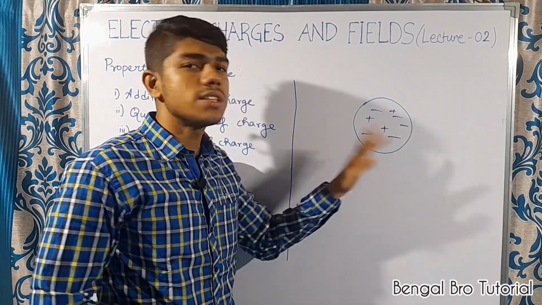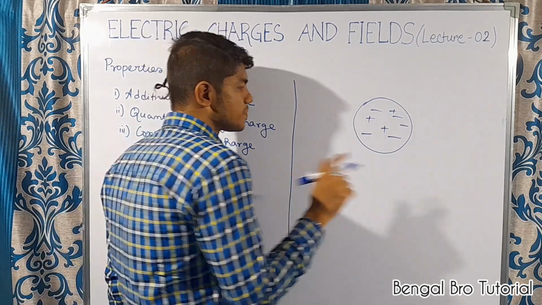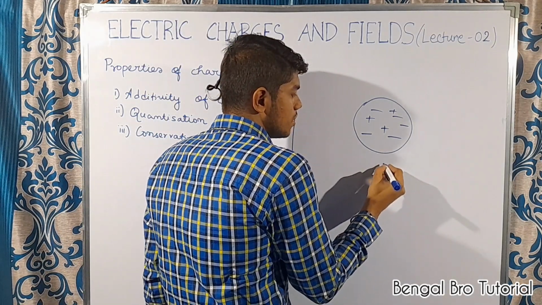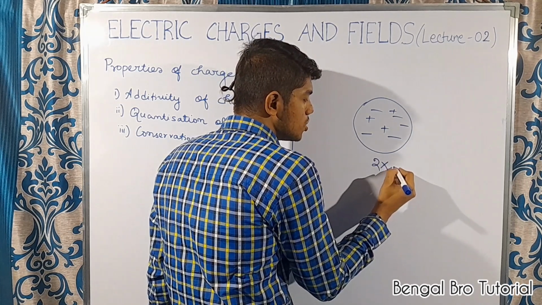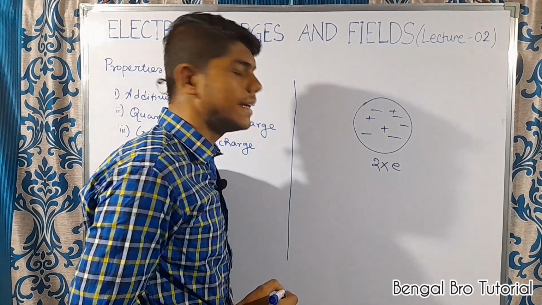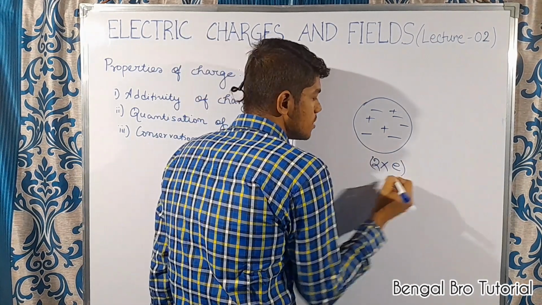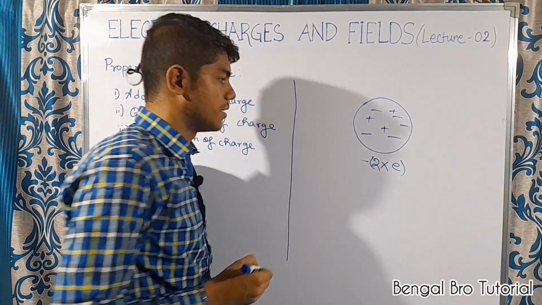Now, if I ask what the charge in this body is, how will you tell me? You will say that the charge in this body will be 2 times the charge of one electron, which is denoted by e. Since the overall charge of this body is negative, we add a minus sign.